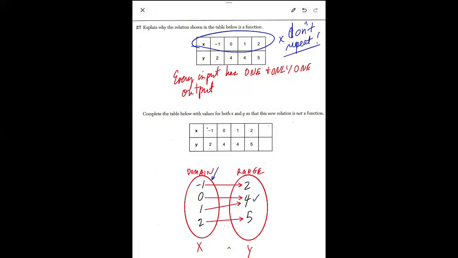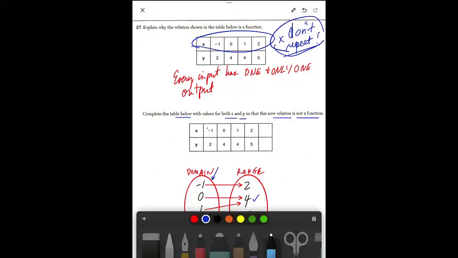Now, the question says complete the table for both x and y so that the new relation is not a function. Some students, using the idea that x's don't repeat, say that if you put any of these numbers here, because I have the x value -1 again, it's not a function.